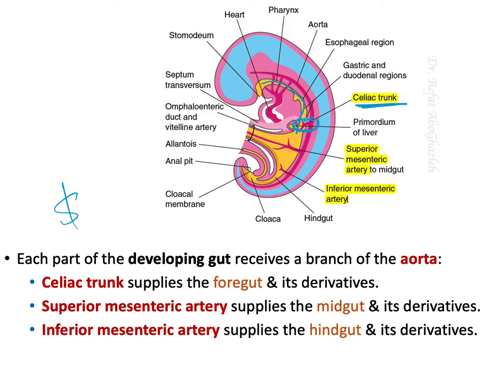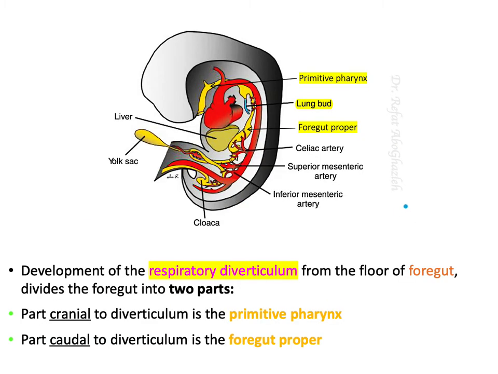So this is the first branch of the aorta. Then the midgut takes its blood supply from the superior mesenteric artery, while the hindgut takes its blood supply from the inferior mesenteric artery, right? So you have the celiac artery, superior mesenteric artery, and inferior mesenteric artery.